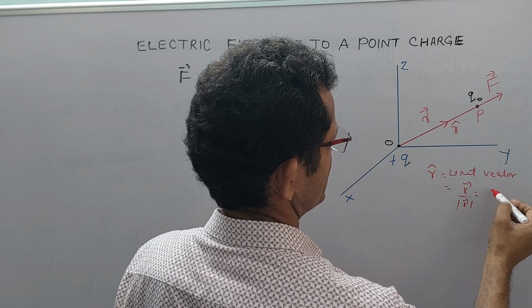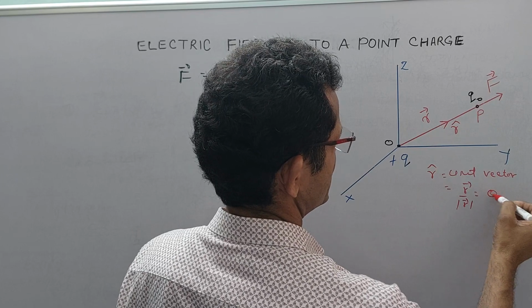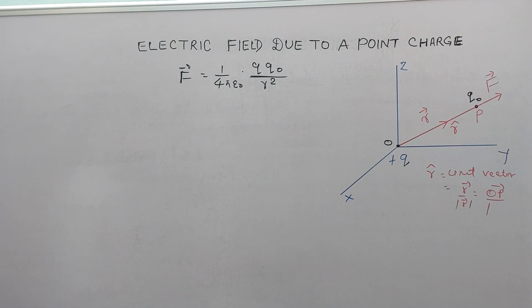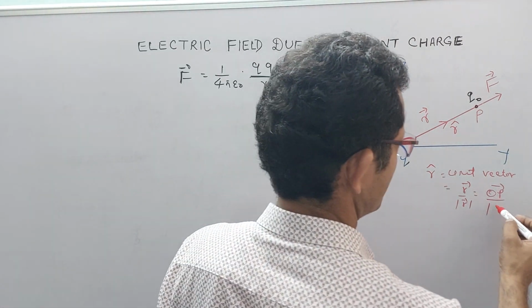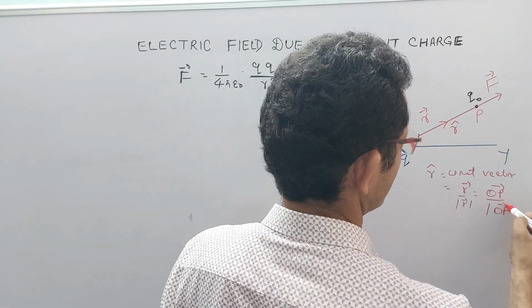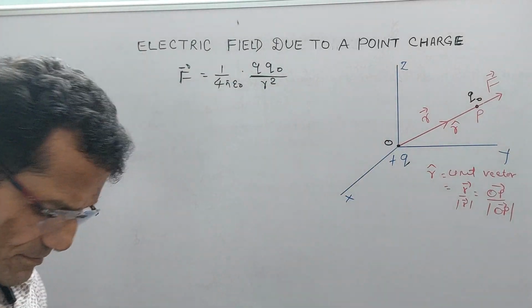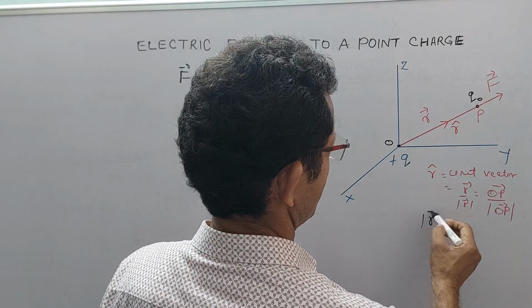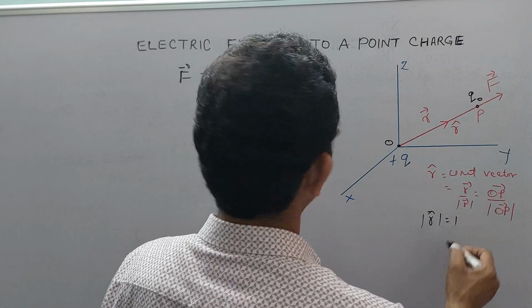If I place vector r, so vector OP, divided by its magnitude, represented as mod of r, this will be the unit vector. Obviously, the magnitude of r cap will be 1.